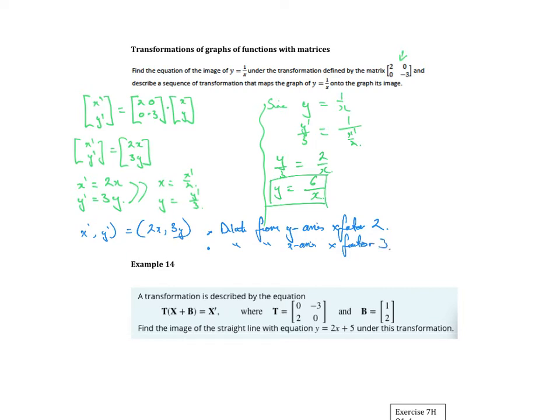All right. So once we've got our transformation matrix here, we apply it to the xy point to come up with a set of equations or a relationship between the new x value and the old x value, new y value and old y value.